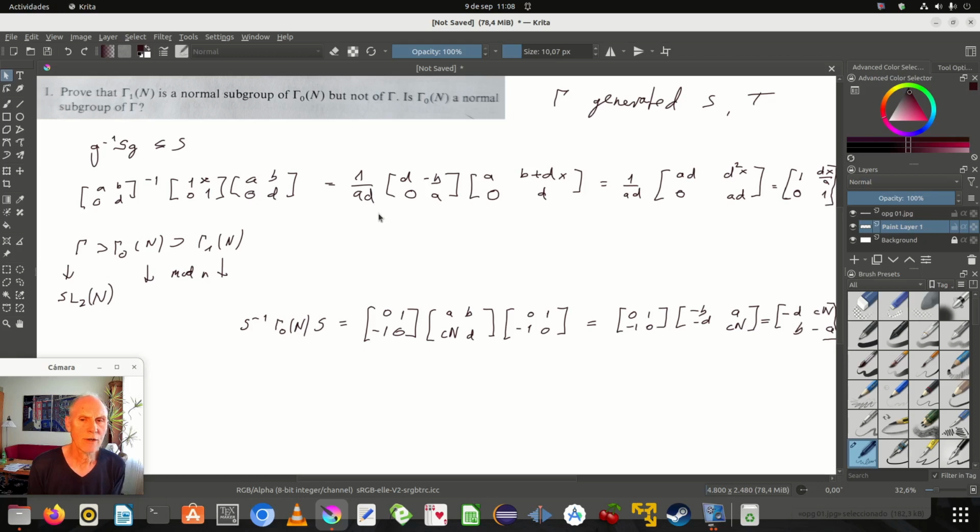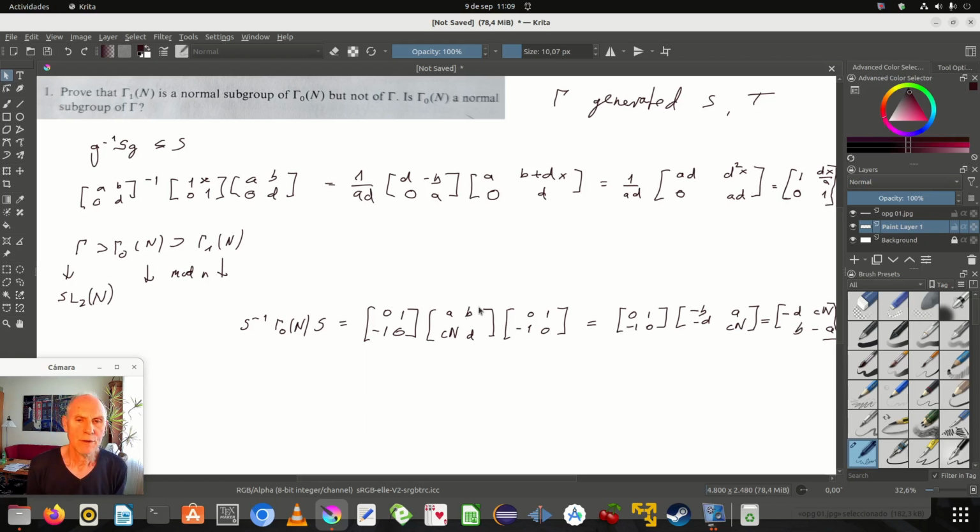I'll do that in general, but let's first check the last one where my intuitive answer was no. So I applied S on both sides. It's a reciprocal. And here instead of writing naught, I actually wrote Cn, and then we get B down here.